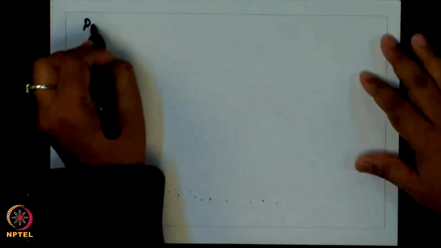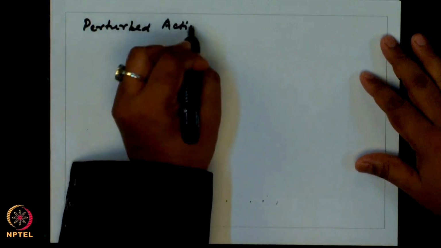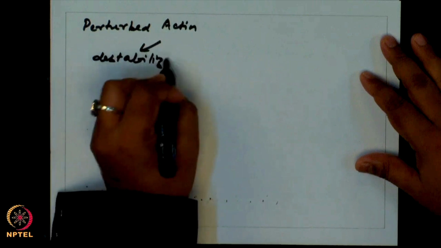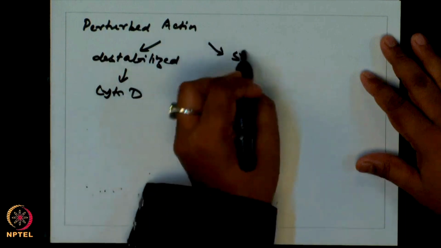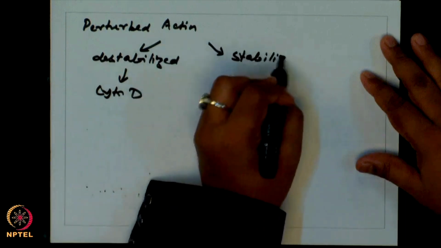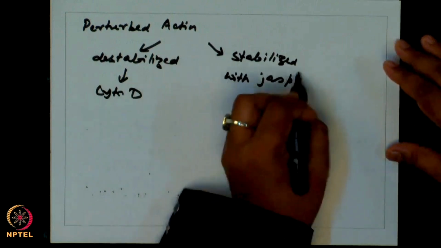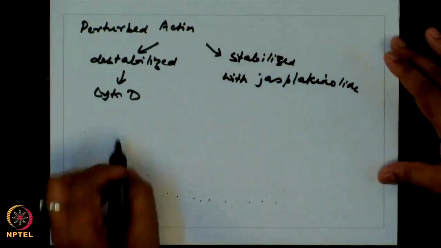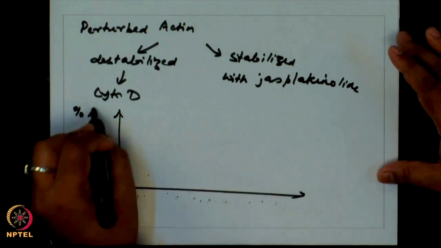They did experiments where they perturbed actin in two ways: either they destabilized the actin network with cytochalasin D, or they stabilized it with jasplakinolide. What they found is this. My y axis is percentage area fluctuation.